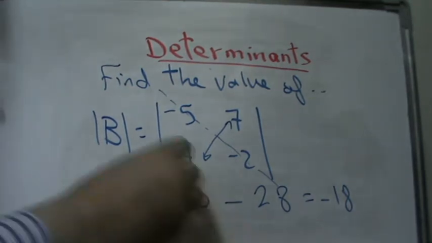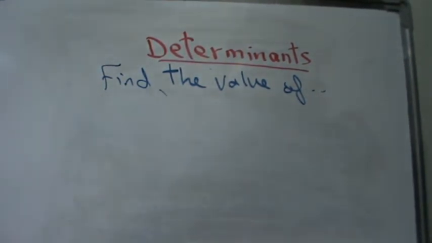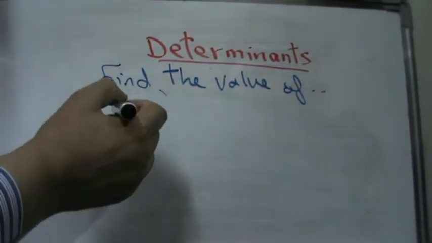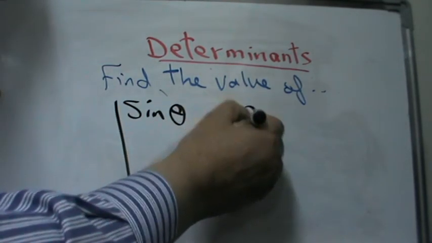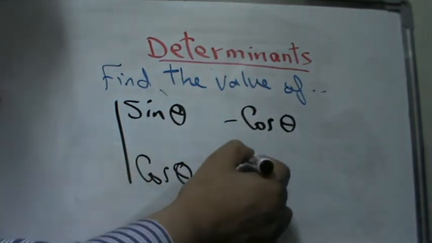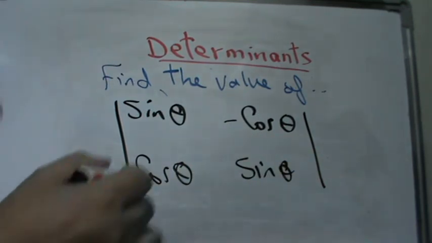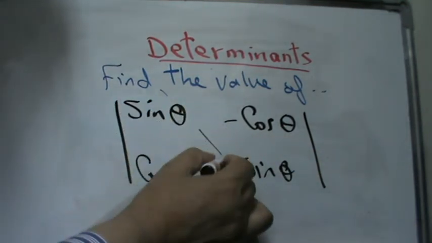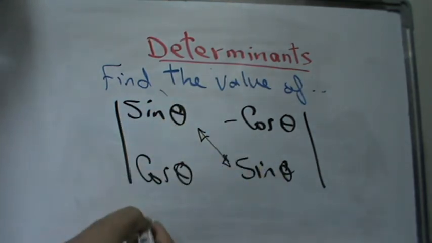Another example. If you have the determinant of sine theta, negative cosine theta, cosine theta, sine theta, how to get the value? You will find the product of the principal diagonal, sine theta multiplied by sine theta.